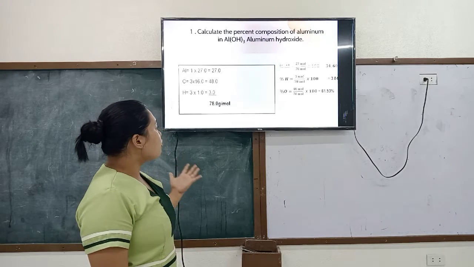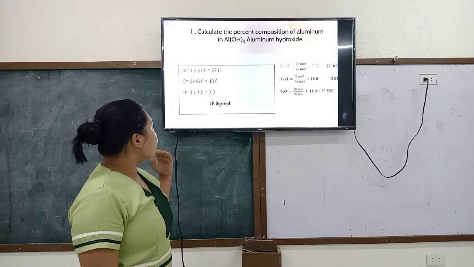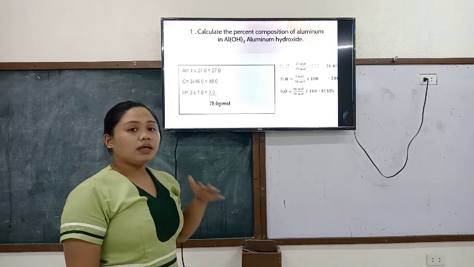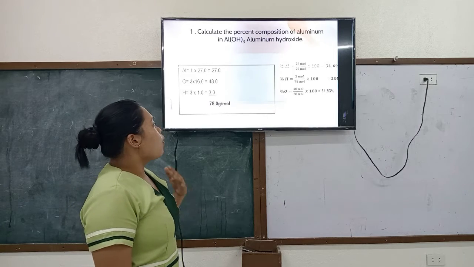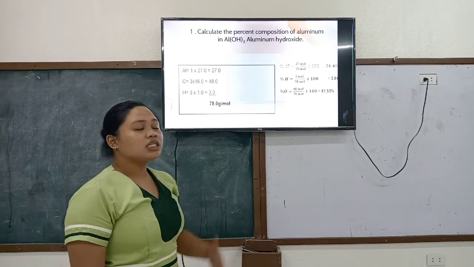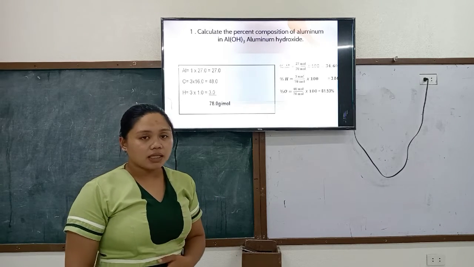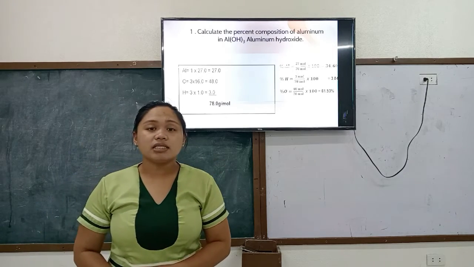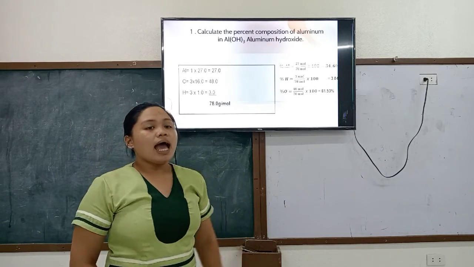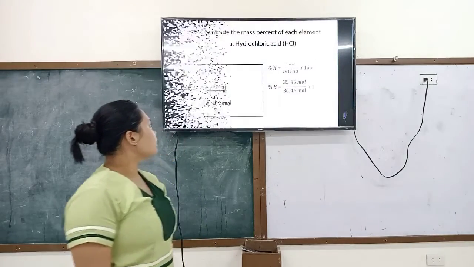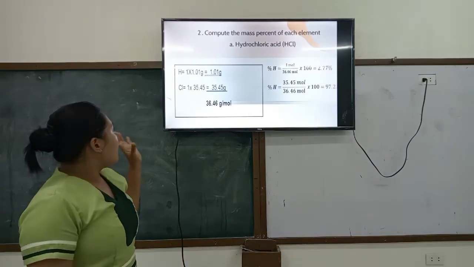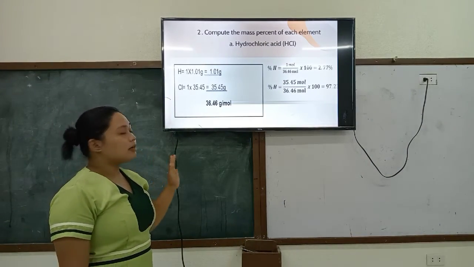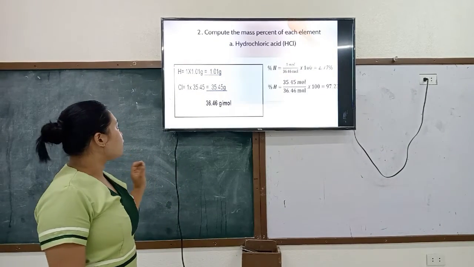And for percent of oxygen equals 48 over 78 times 100% equals 61.53%. Do we have the same answer, class? Okay, that's good.